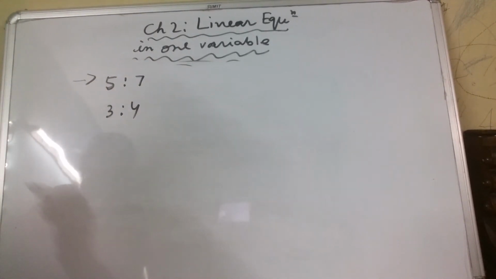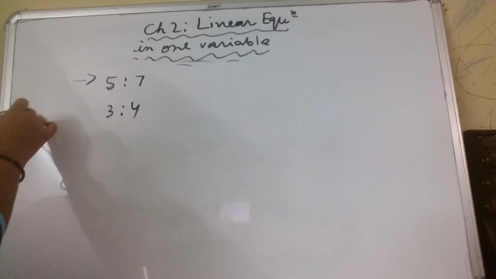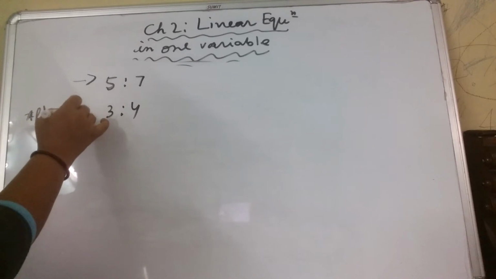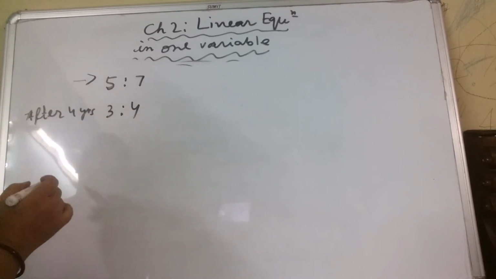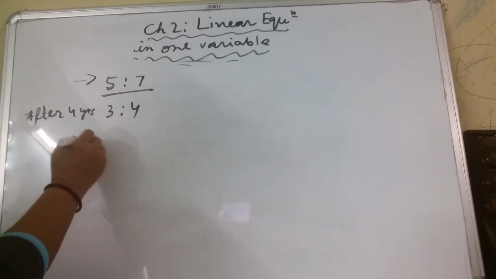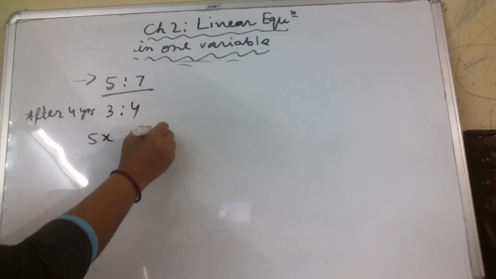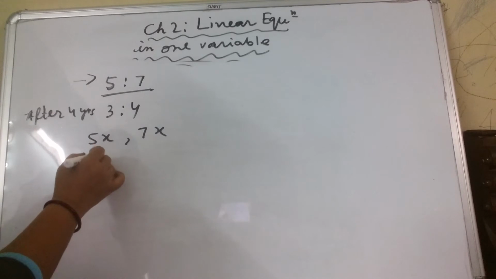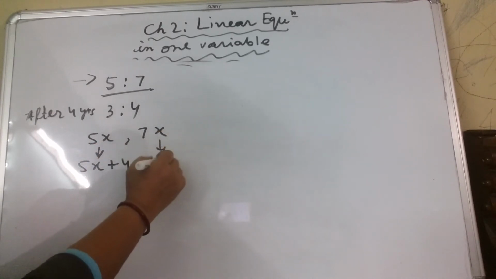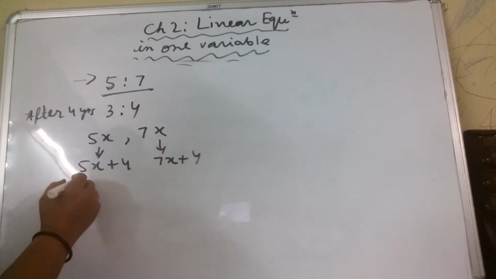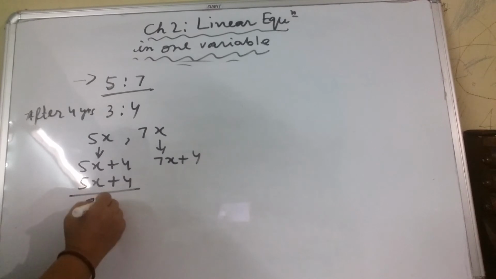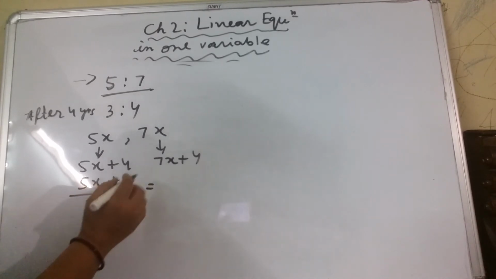So after 4 years, it will be 3:4. Say the present ages are 5x and 7x, so after 4 years they will be 5x + 4 and 7x + 4.